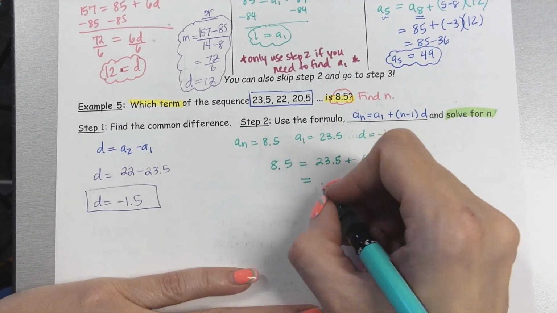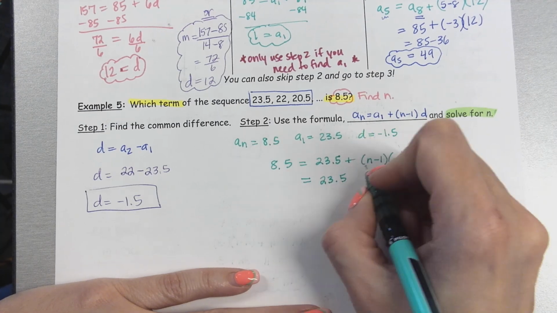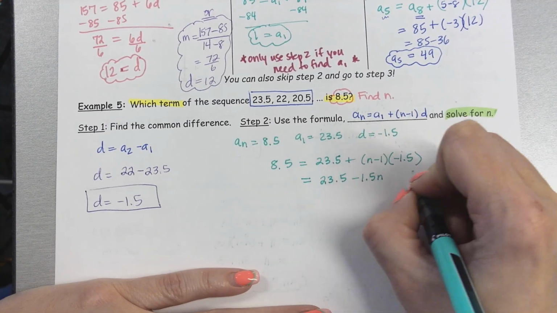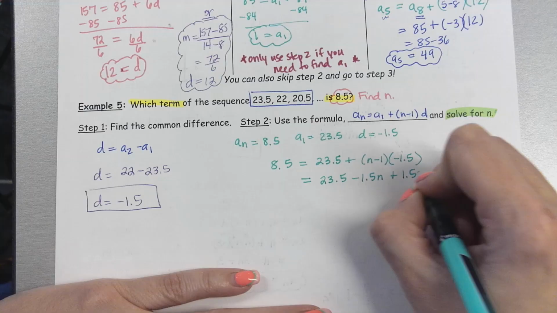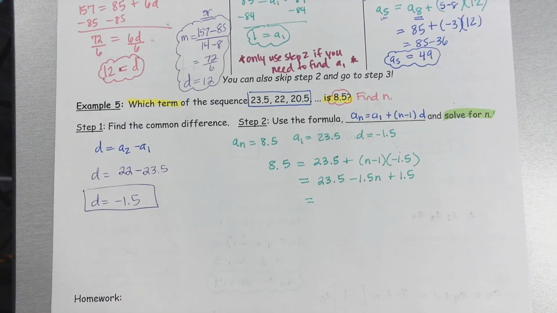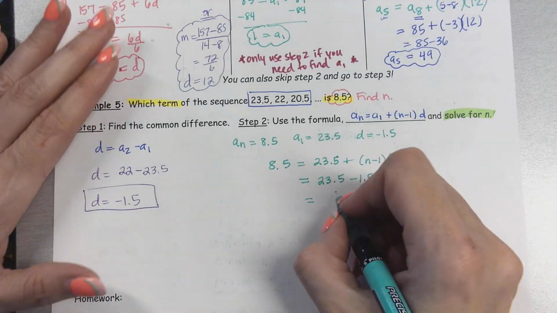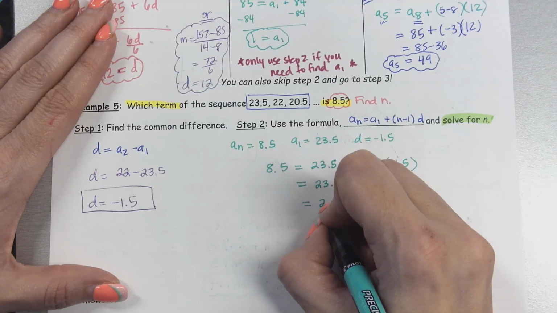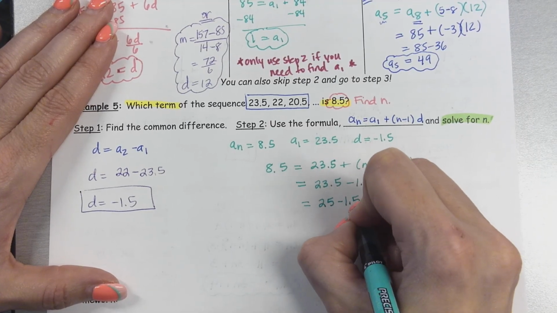And this one you can use your calculator for. Okay, so 23.5 and 1.5 is going to give you 25.